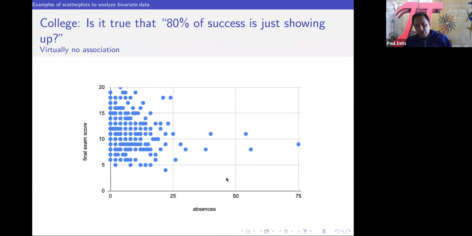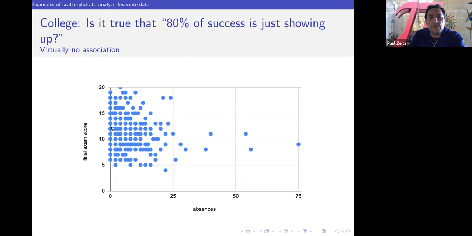Here's another true data set, which comes from a study of college students, I forget where, about 300 college students in a math class. And each dot is a student. And the x-axis is absences, and the y-axis is their score from 0 to 20 on the final exam. So this individual here hardly showed up and got a score of less than 50%.